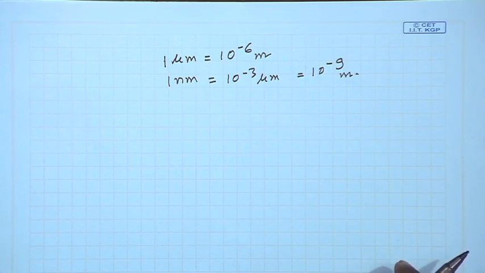Now, when it comes to the small length scale, the surface area becomes enormous. The surface area will dominate the situation compared to the volume. So, that is one characteristic of microfluidics. That means surface-dominated phenomena are very important over here.